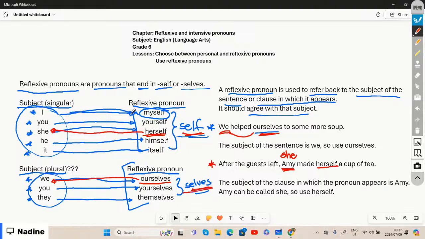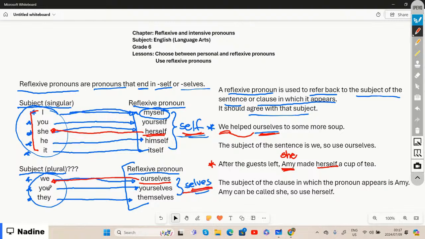So if we use a reflexive pronoun, whether it is myself, yourself, herself, himself, or itself, it needs to refer back to our subject. Myself needs to refer back to I. Yourself needs to refer back to you. Herself needs to refer back to she. Himself needs to refer back to he, and itself needs to refer back to it.